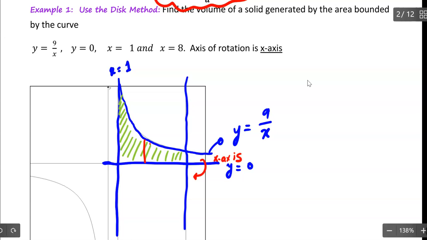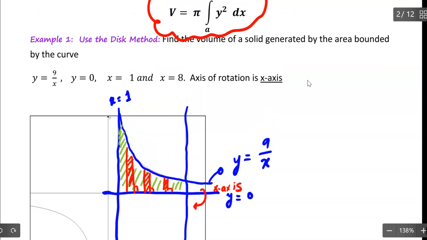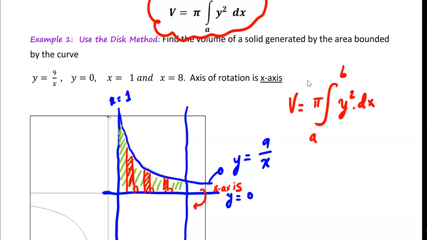So this element is the vertical element, and it is perpendicular to the axis of rotation. With that, I know that I'm going to use the formula V equal to pi times the integral from a to b of y squared dx. Let me make sure I write this properly.